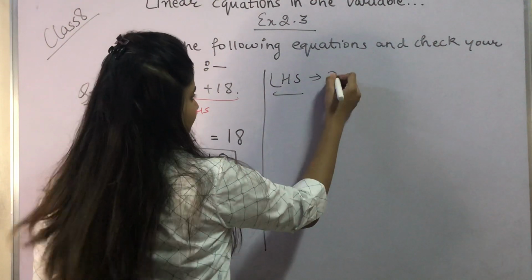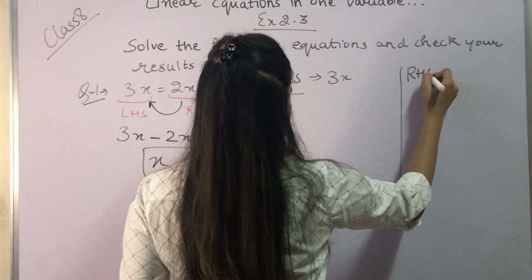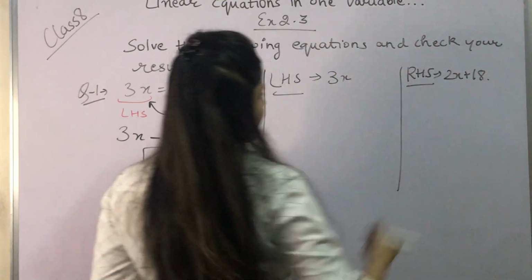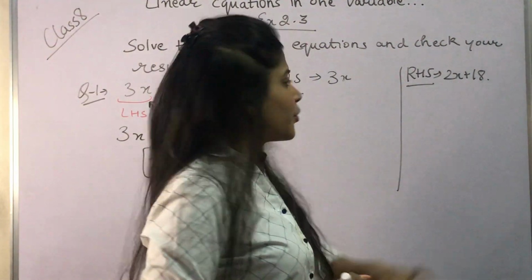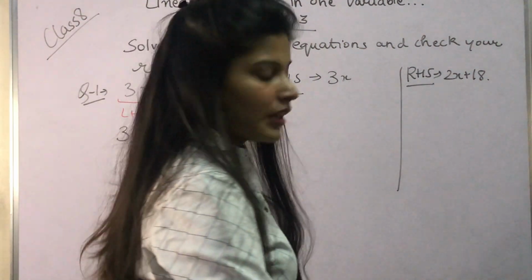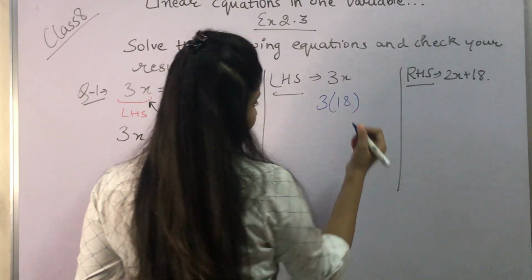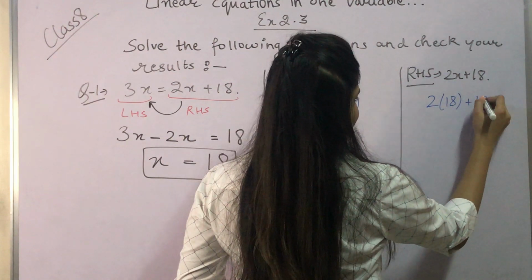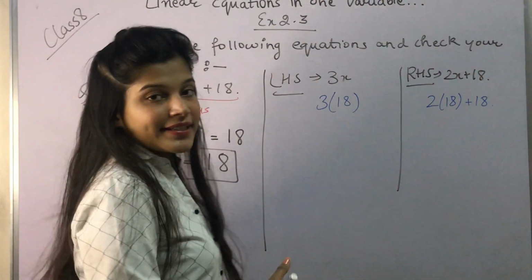LHS is 3x, and RHS is 2x plus 18. So in 3x we have to put the value of x which is 18. And in this question also we have to put the value of x, 2x plus 18. Alright, now 3 into 18.